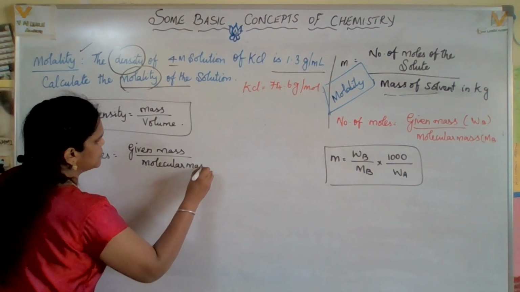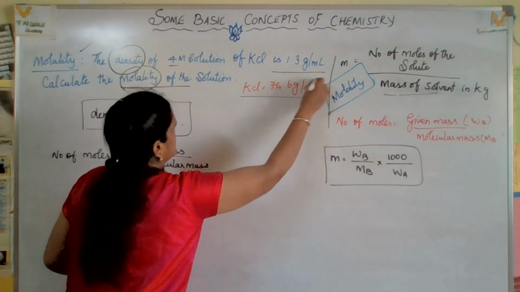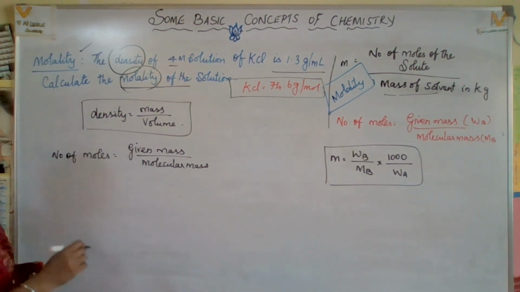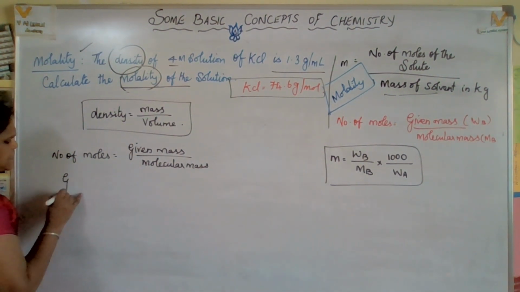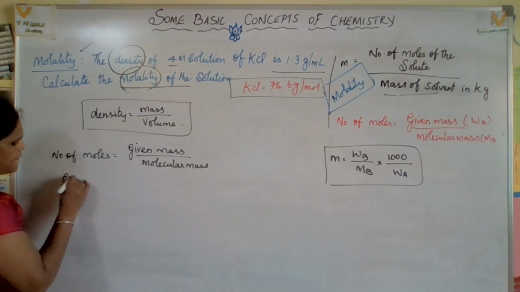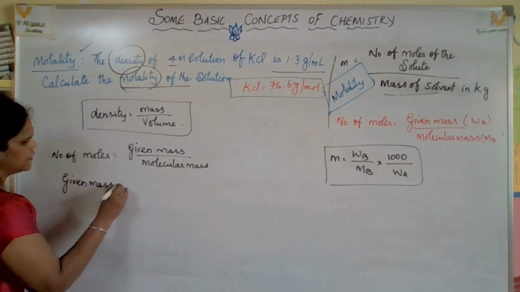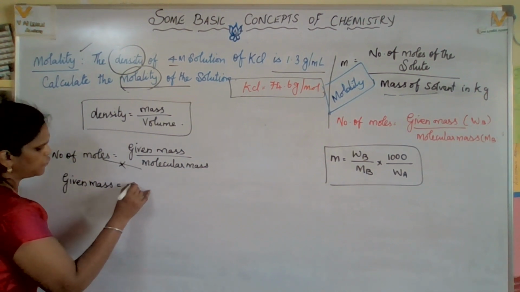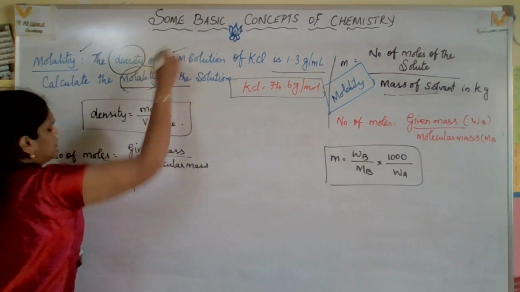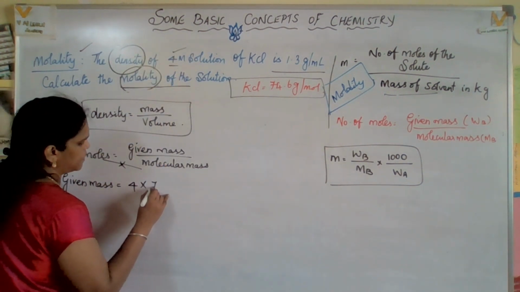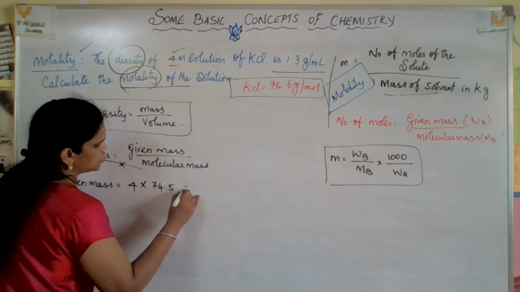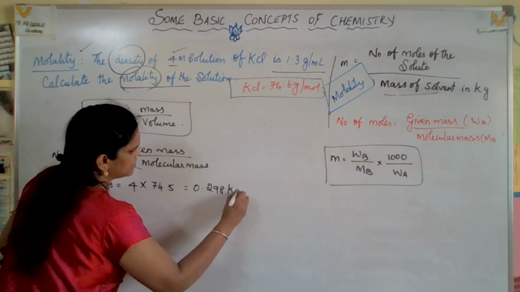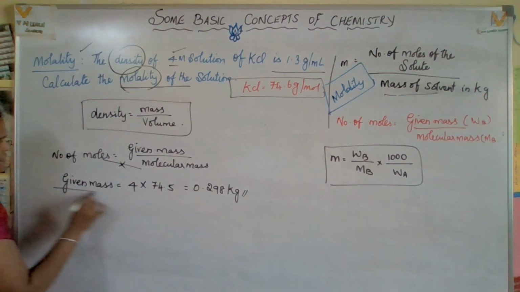The molecular mass of KCl they have provided here: KCl is 74.6 gram per mole. So given mass we just bring out: given mass equals number of moles multiplied by molecular mass. So 4 into 74.5, you will get 0.298 kg. So the given mass is this.